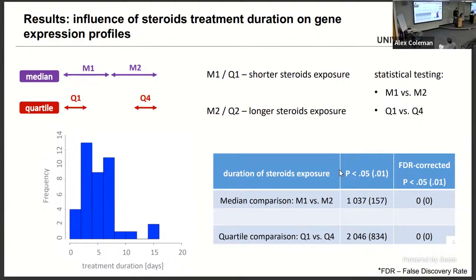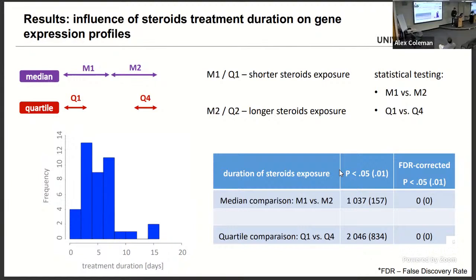The way I defined shorter and longer exposure is that shorter is either the first half of the distribution or the first quartile, and respectively, longer exposure is the second half or the last quartile. The reason to use quartiles was just to have more extreme values for the statistical testing and for the comparison. And in this table, you can see the results.